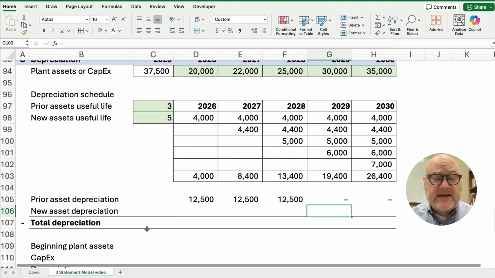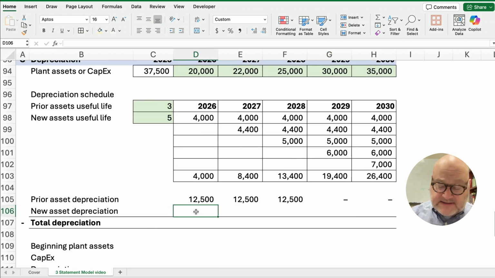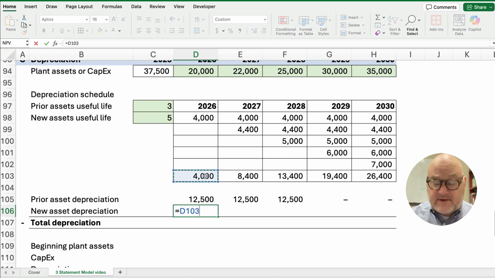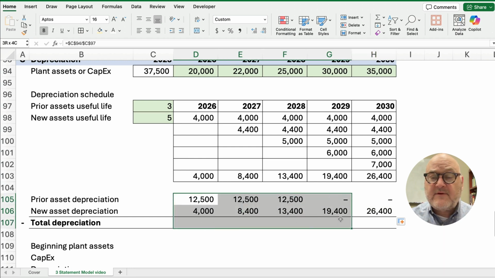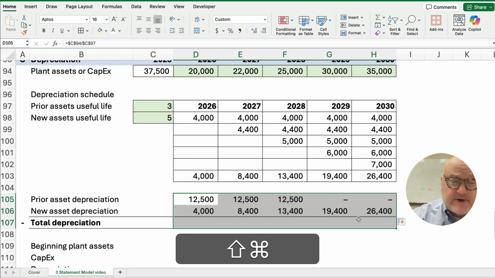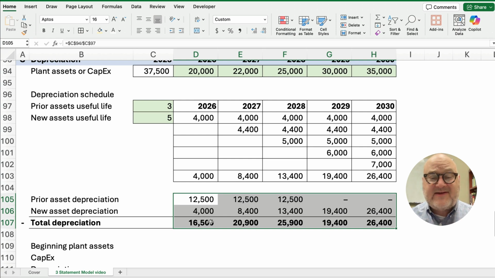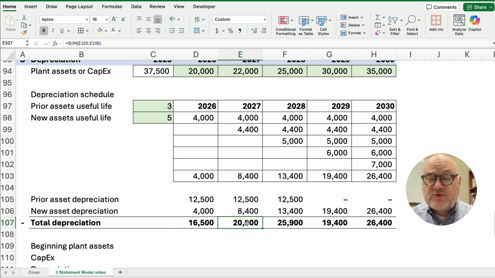Now, our new asset depreciation is going to be the 4,000 all the way across, then the 8,400, so on. So our total depreciation is going to be 16,500, 20,900, and so on. This is our total depreciation.